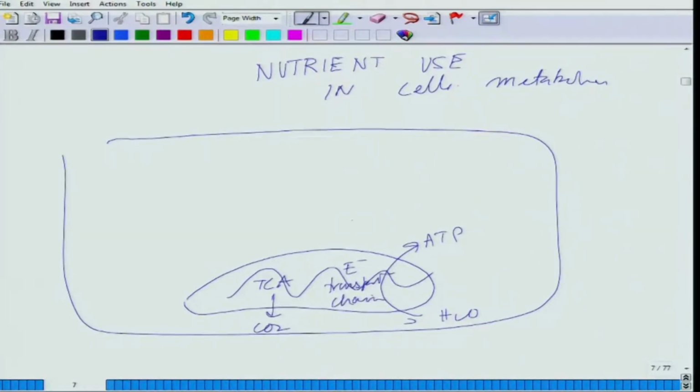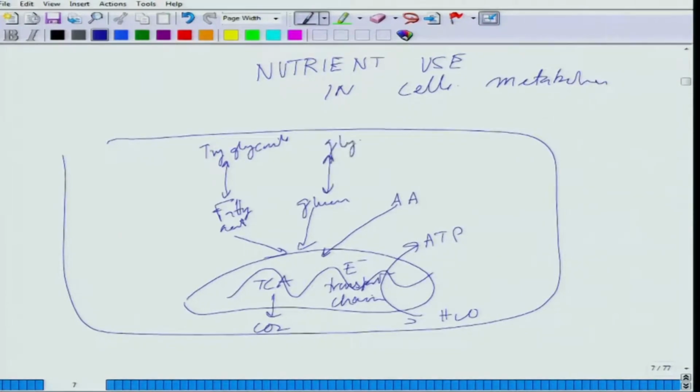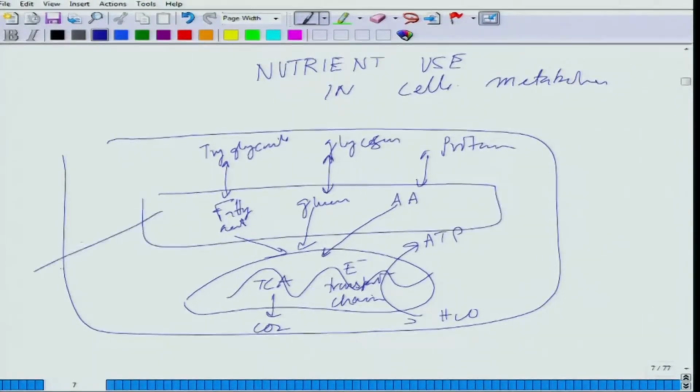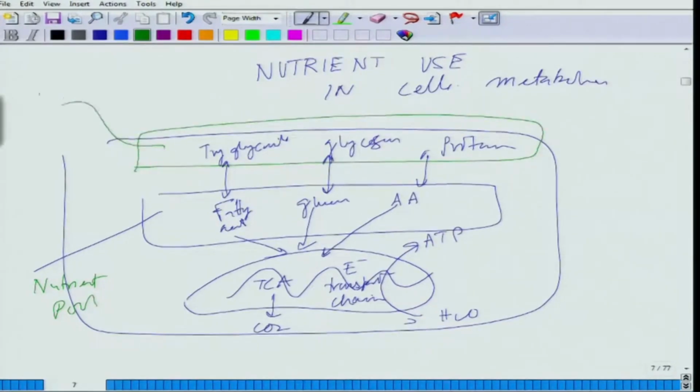You have these small carbon molecules from glucose, amino acids and fatty acids, which are all involved here. Triglycerides, glucose are coming from glycogen, and the amino acids are coming from the proteins. So, this is essentially the nutrient pool of the cell, and this is essentially the storage pool.